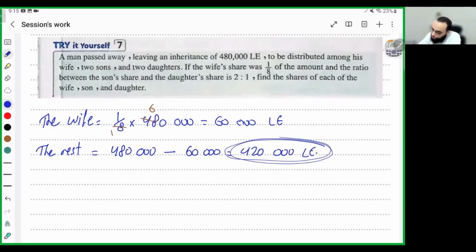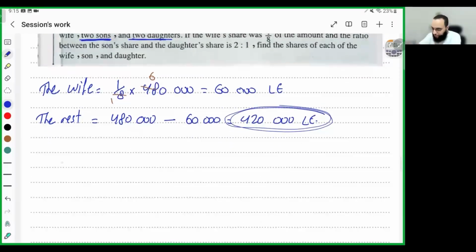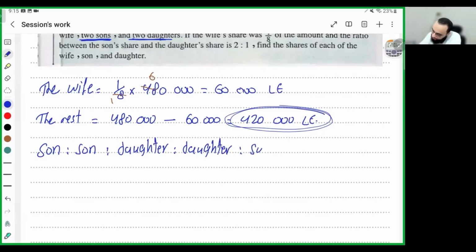So among his 2 sons and 2 daughters. We have a son, another son, a daughter, and another daughter. Their sum is 420,000 pounds.